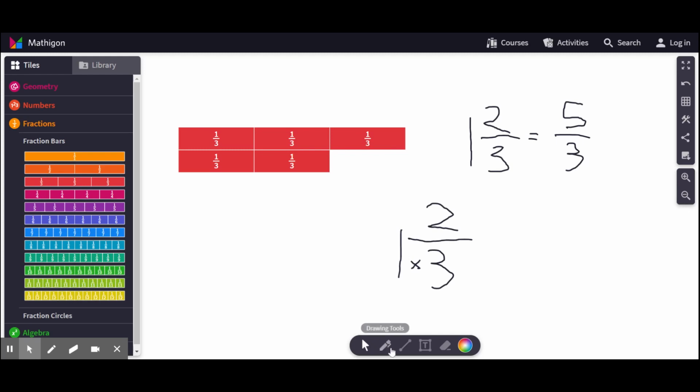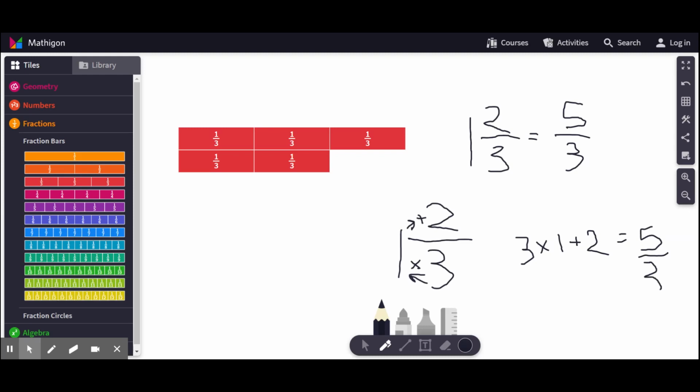Then we took it and added the other 2 pieces. Basically we did 3 times 1 plus 2, and we got 5 pieces. That's how we got 5/3.